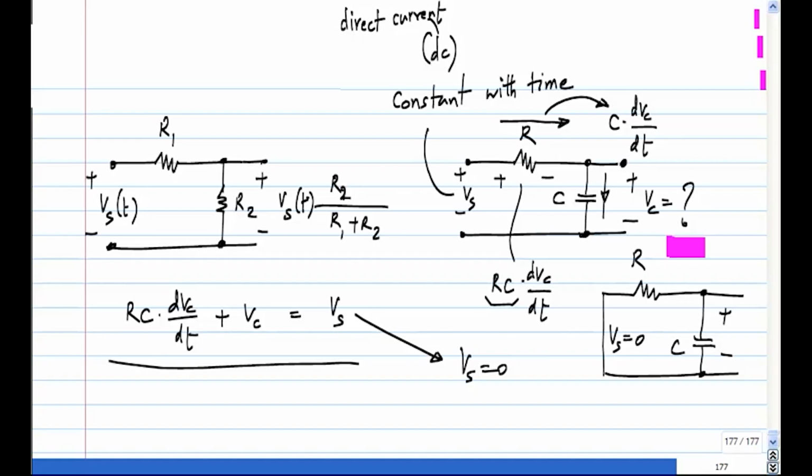So VC being 0 forever is a possible solution. Okay. But let's say VC initially was some other value.